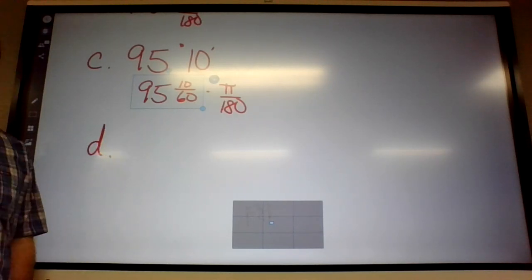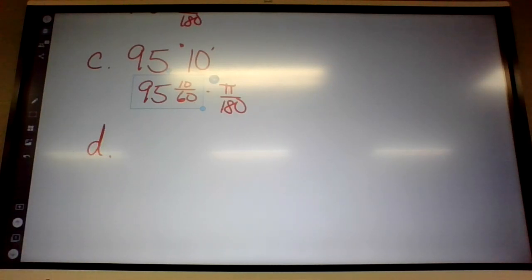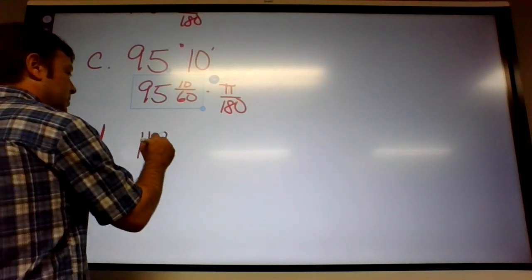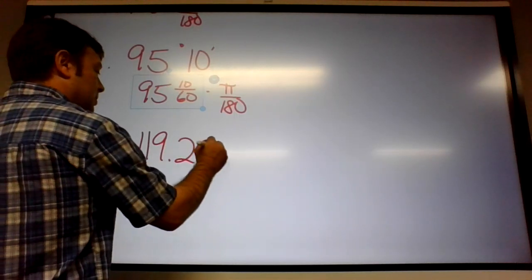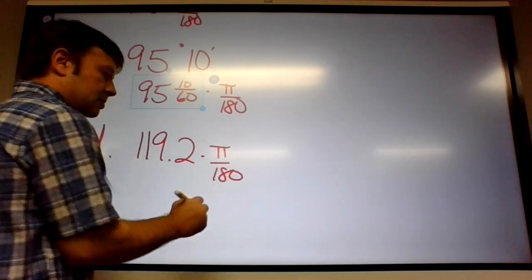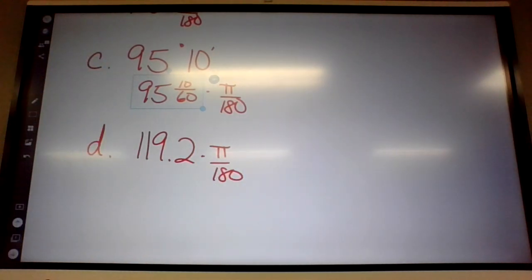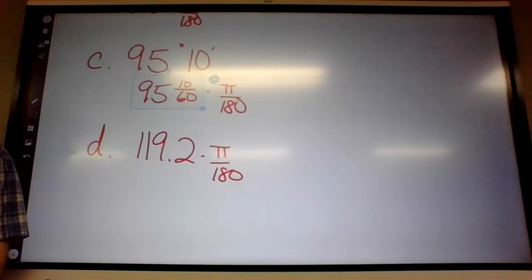And D is not tricky. D is just a decimal point, 119.2. Are A and C supposed to have the same answer? Oh, yeah, it's because 95 degrees and 95 degrees 10 minutes is almost the exact same thing. So when you round it off, it's the same. It's not the exact same answer, but when you round it, it is.